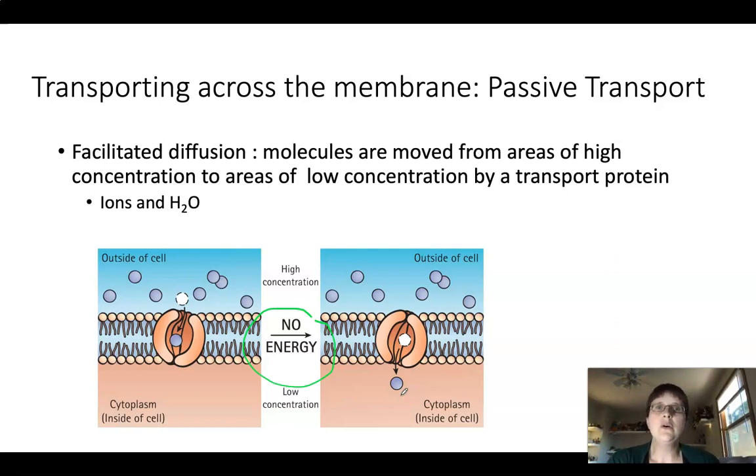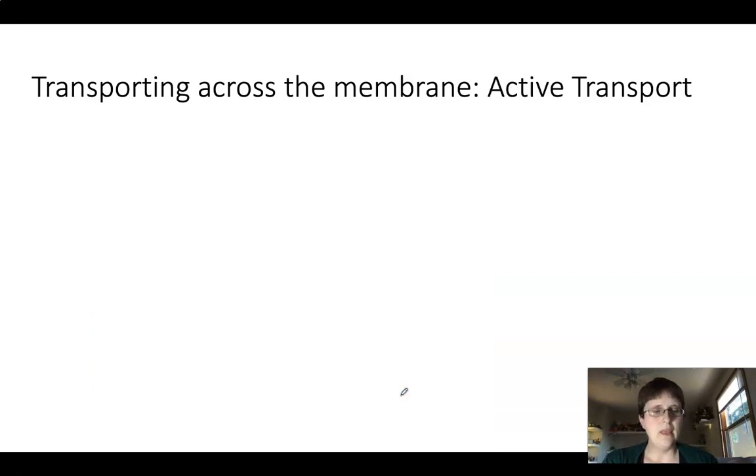Okay, so why might we need energy? Because these are both passive transport. If we're talking about passive transport, then there must be an active transport, right? And there is. We've got passive transport, where we allow the material to move from high concentration to low concentration on its own, no energy needed.